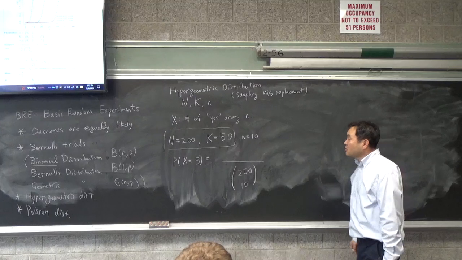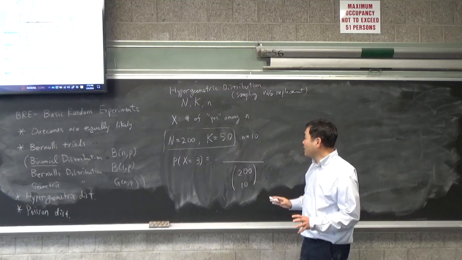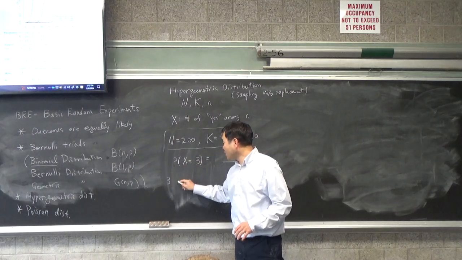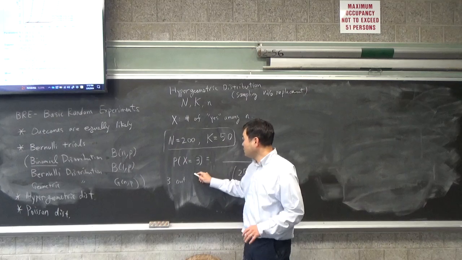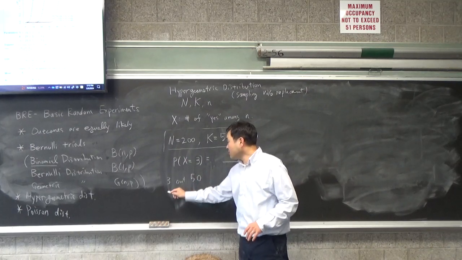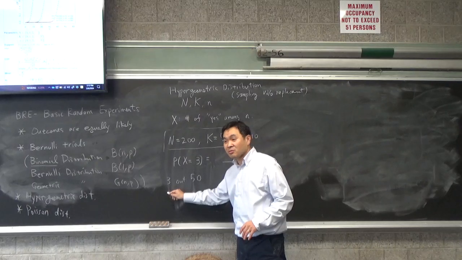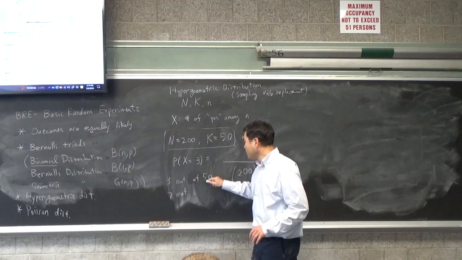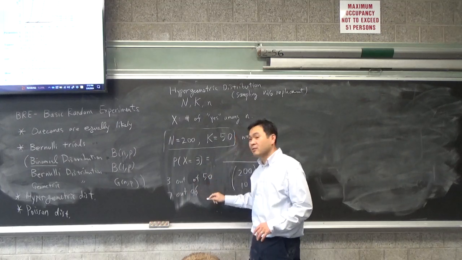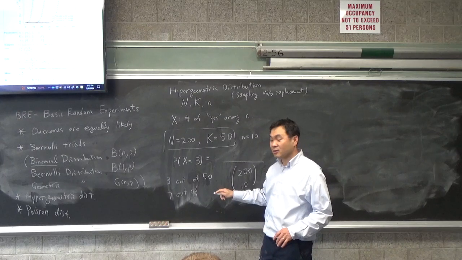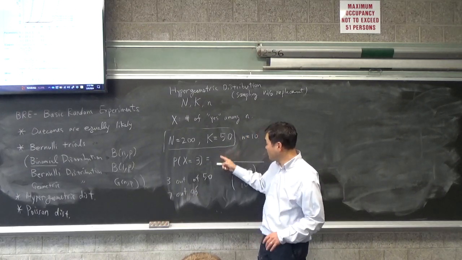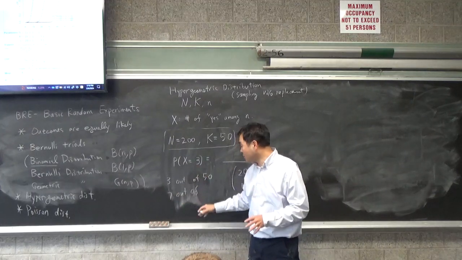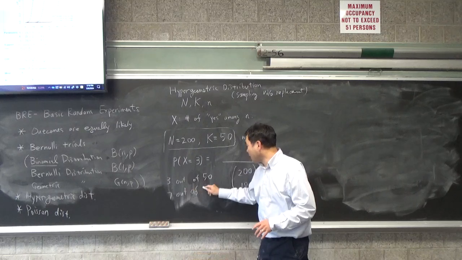Now, what are the ways you can get X equal to 3? That means 3 of them are picked out of the 50 because these are the silver, and then 10 minus 3, which is 7, is picked out of the non-silver, so 7 out of 150.